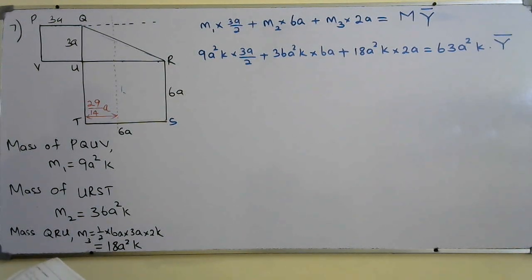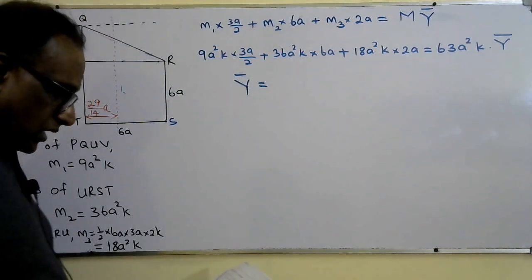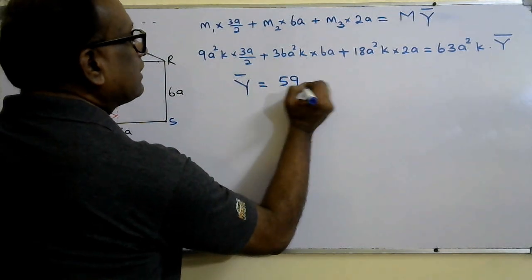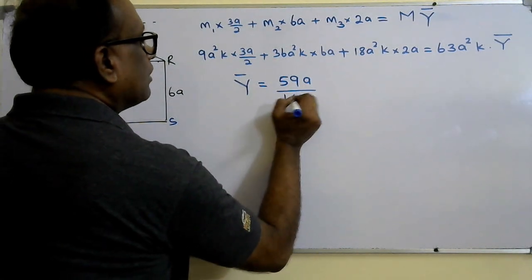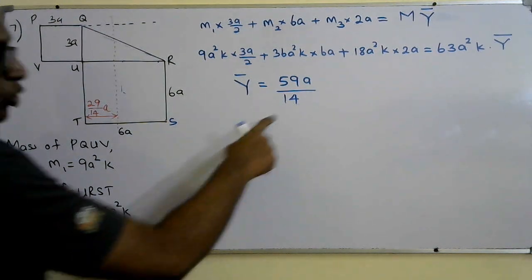Okay, solve it again, divide the whole thing by 3A squared, and when we solve it finally, you will get Y bar is equal to 59A over 14.